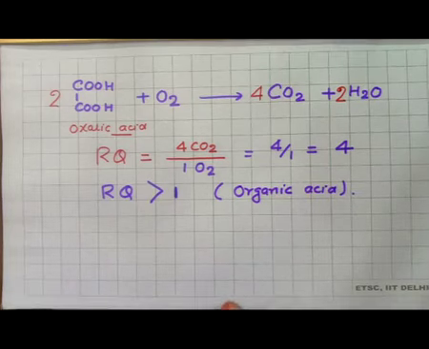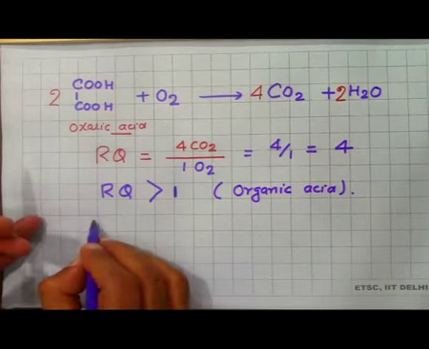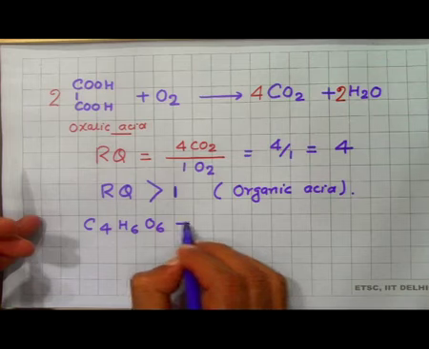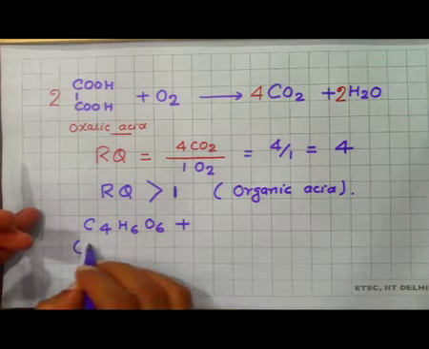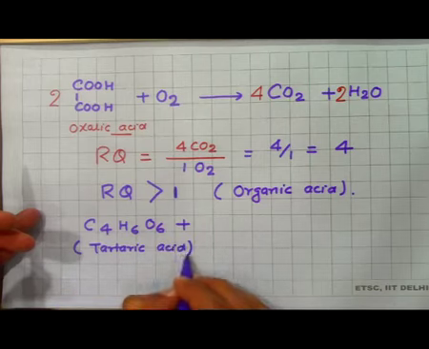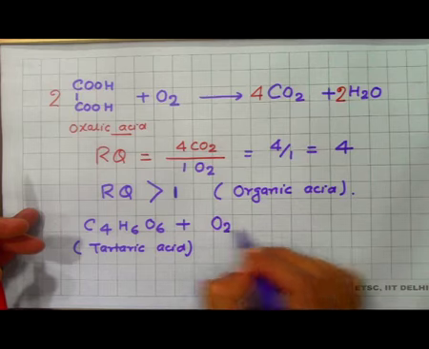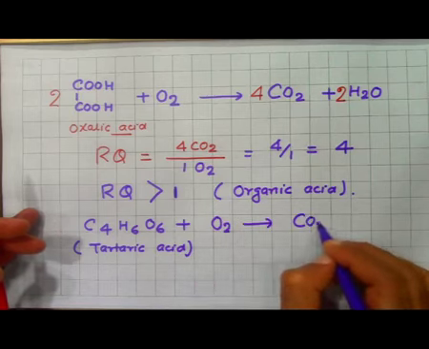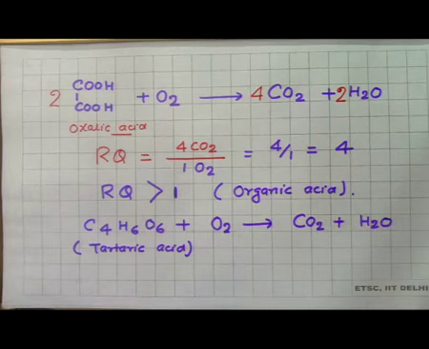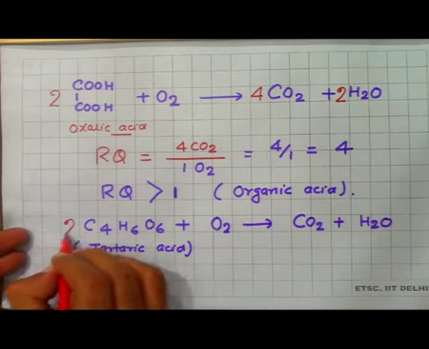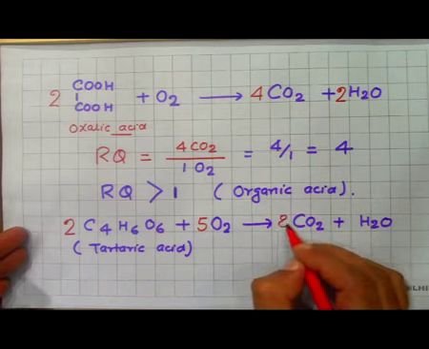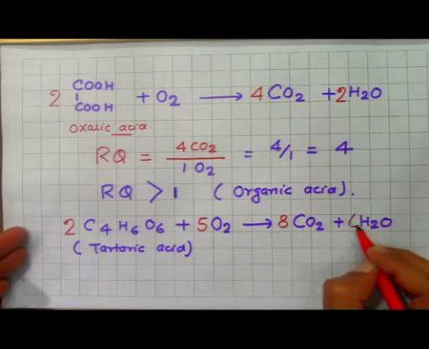Let us give another example of organic acid, like C4H6O6, which is tartaric acid. When it combines with oxygen, it also gives carbon dioxide and water. Balancing this reaction, 2 molecules of tartaric acid combined with 5 molecules of oxygen give 8 molecules of carbon dioxide and 6 molecules of H2O.